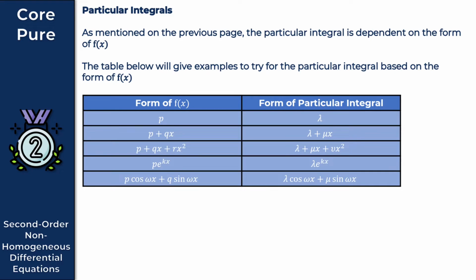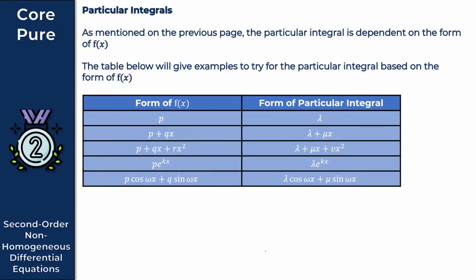I'm not going to go into a massive amount of detail and explain each individual row, but for example, if f of x is just a constant, so for example just p, then the form of our particular integral that we would try would be lambda. As another example, if f of x is p plus qx, then the particular integral we would try would be lambda plus mu x.